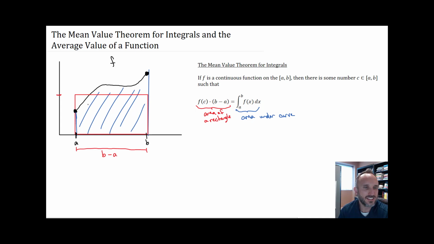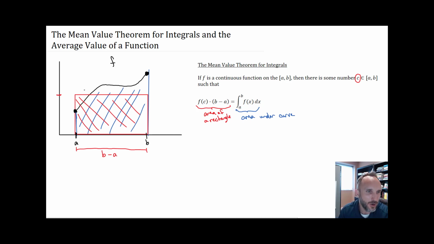This area inside the rectangle should equal the area under the curve. And that seems reasonable. One way you can think about this now, when you're talking about there is some number c, well, c is the input to this function where the function has the same height as that rectangle.